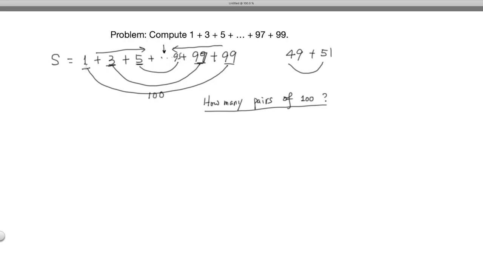So how many numbers from 1, 3, 5, all the way to 99? This is going to be the total number of odd numbers from 1 to 100. And you know that the number of odd numbers is going to be the same as the number of even numbers.